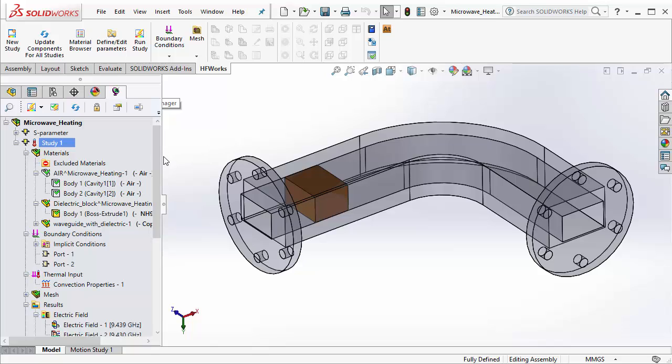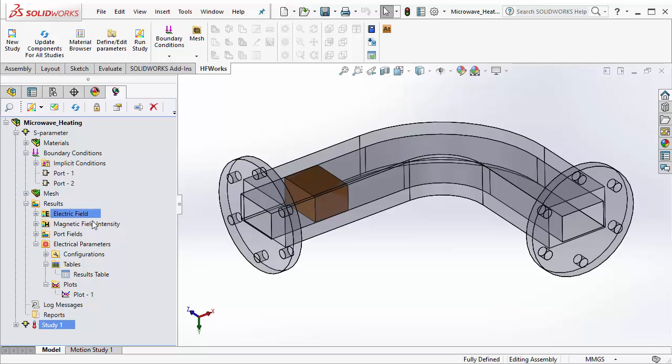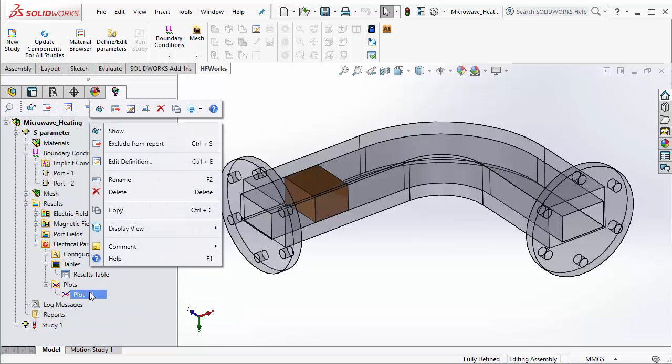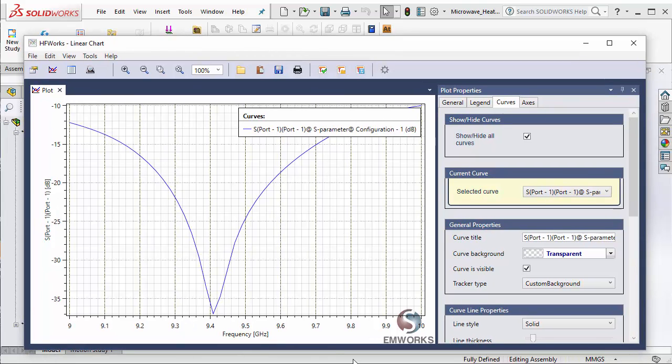The first thing is really to find out what the operating frequency is for this particular device, and that can be done simply by doing an S parameter study, by specifying the ports as before and taking a look at how the S parameter varies as a function of frequency.